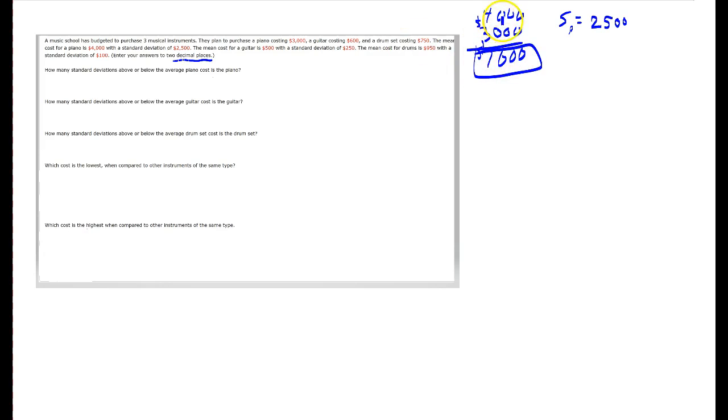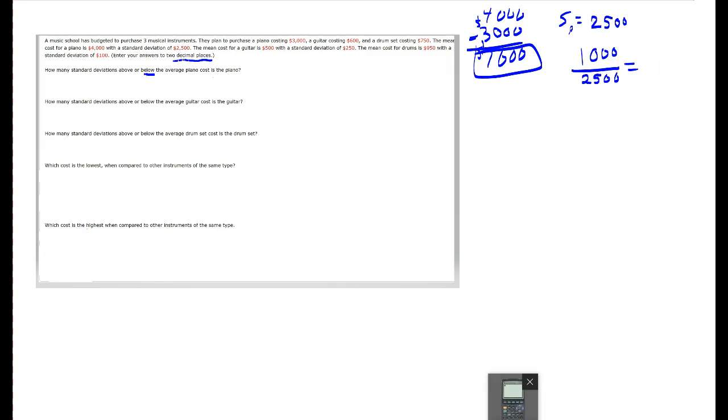We looked at the difference between the mean and the cost, and we're spending less, so that's going to be a decrease. So it's going to be below the average. We just need to figure out how much. Well, I take that 1,000 and divide it by the standard deviation, which happens to be 2,500.